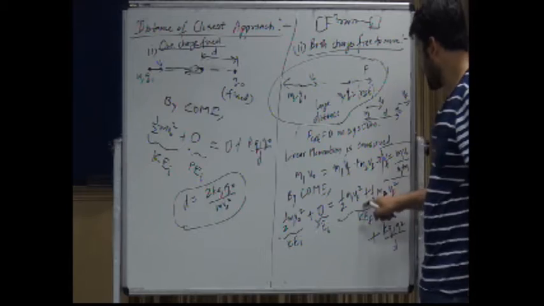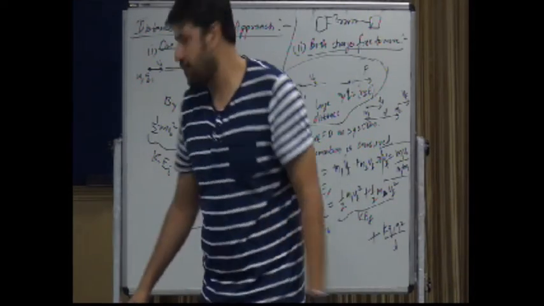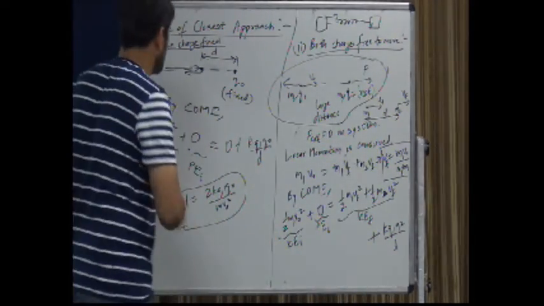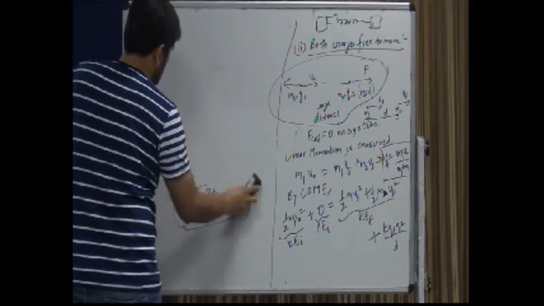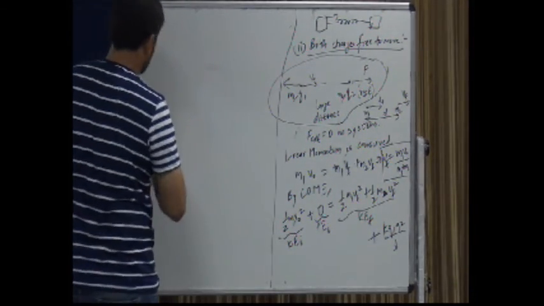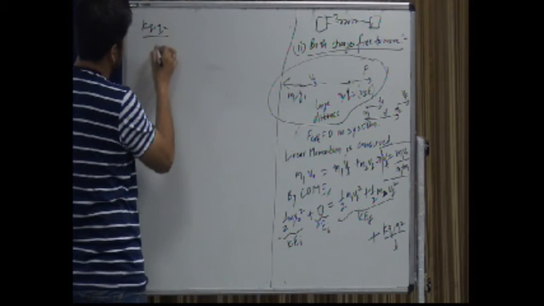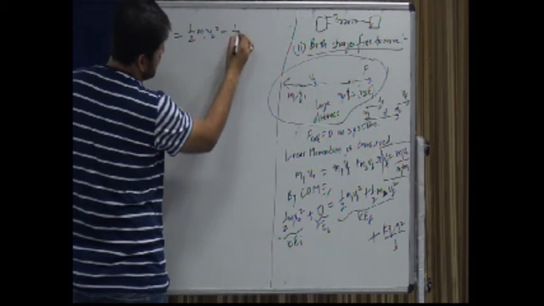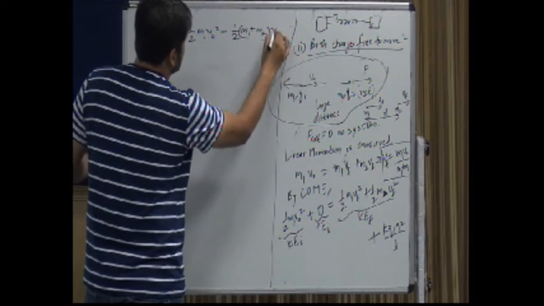We have just calculated the final velocity, so we can replace it. I'll do that for you. So k q1 q2 by d would be half m1 v0 square minus half m1 plus m2 times v final square.